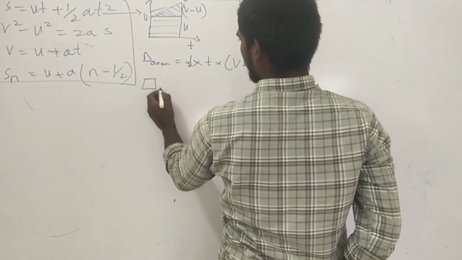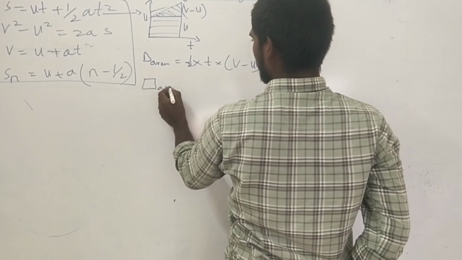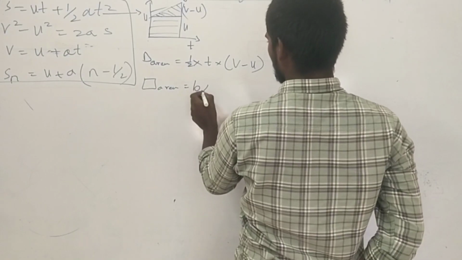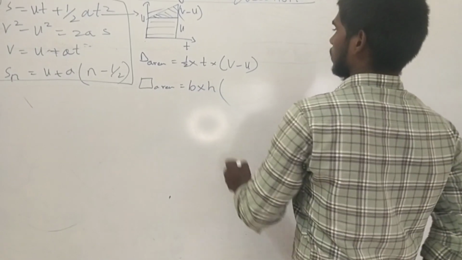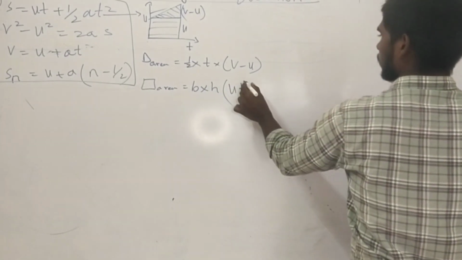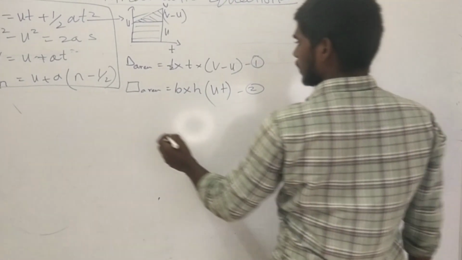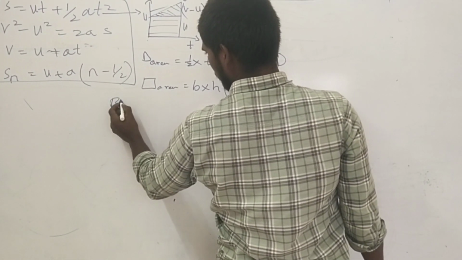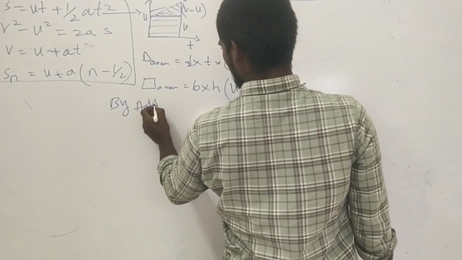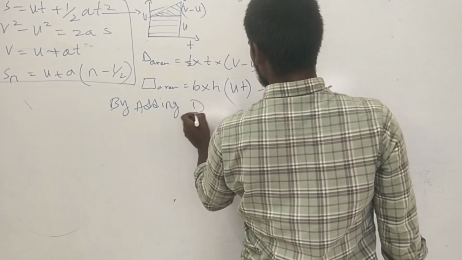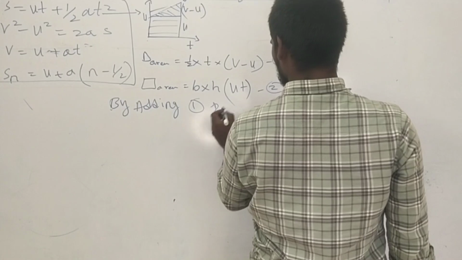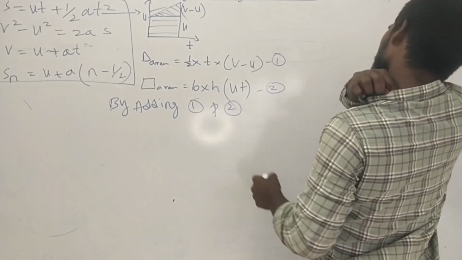Next, the area for the rectangle is base into height. What is that? ut. This is equation number 1 and equation number 2. By adding equation number 1 and equation number 2, we get the total area.